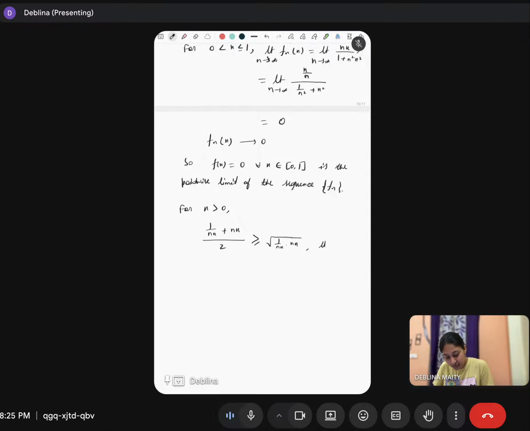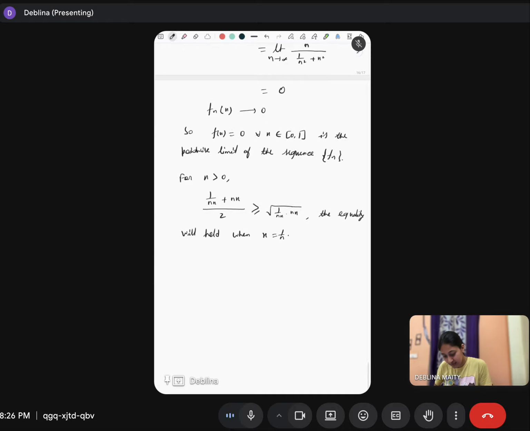And the equality will hold when nx equals to 1. This means x equals to 1 by n, right? When nx equals to 1, then equality holds. So when x equals to 1 by n, the equality holds in this case.